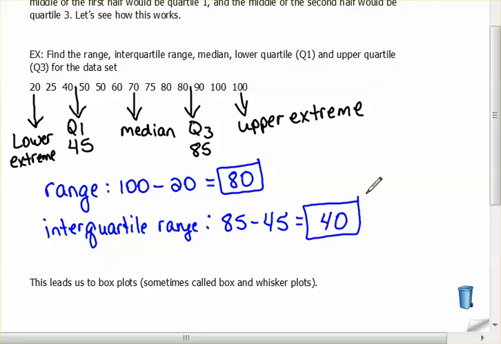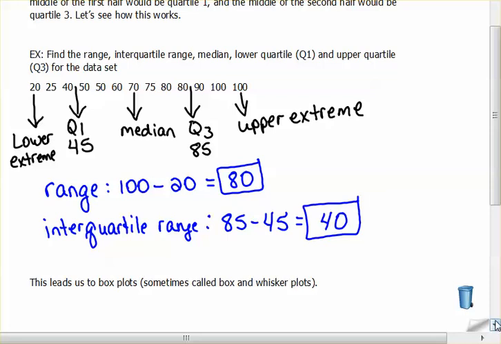Now this may seem silly, figuring all of this out, but it really does help us to create a kind of graph off of these numbers, and that helps us to visually see exactly where our students' maybe test scores are clustered around, or how far apart they are. And that's called a box plot.